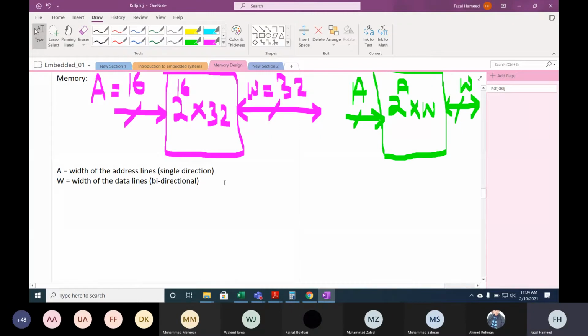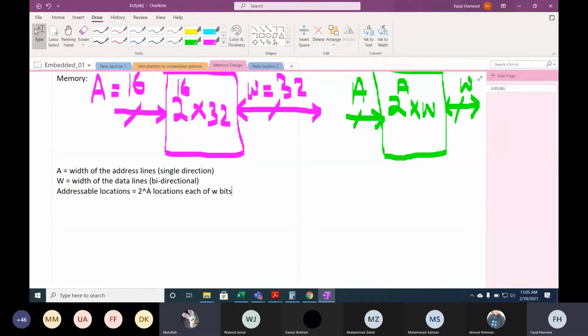Okay, so how many addressable locations are there? 2 raised to the power A. Yes, so total addressable locations are 2 raised to the power A. It means that we have 2 raised to the power A locations, each of W bits.